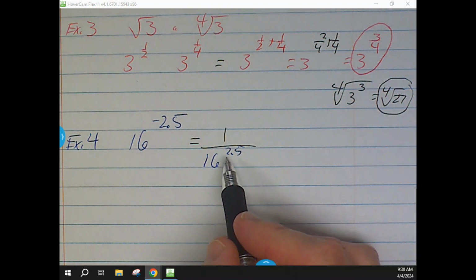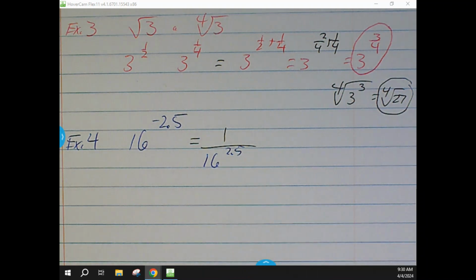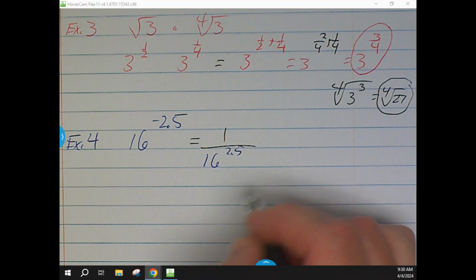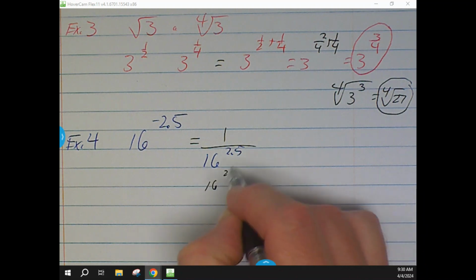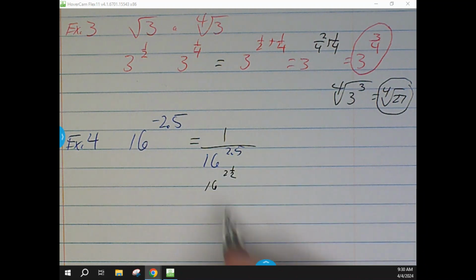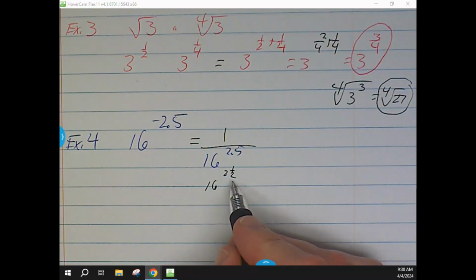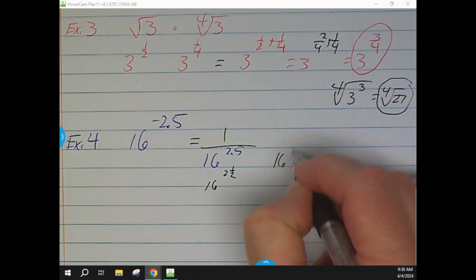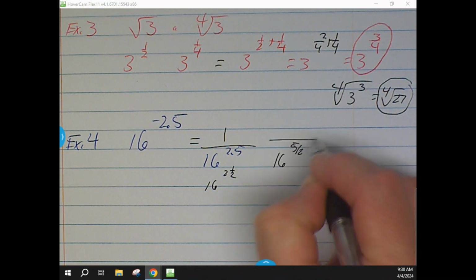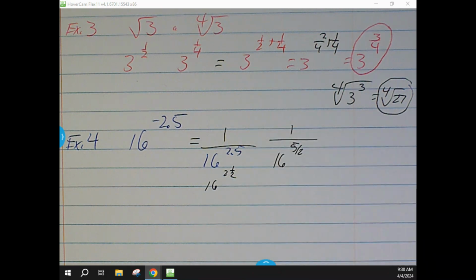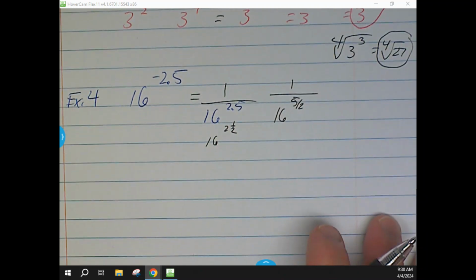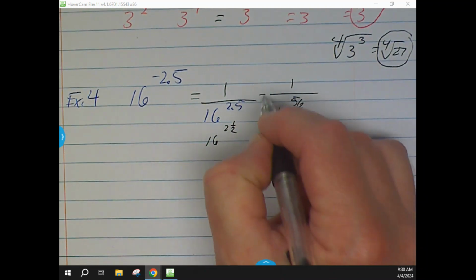And this is where you've got to think that if it's 2.5, you could rewrite that and make it 16 to the 5 over 2 power. All right. And you may be going, well, I don't really know what that is. So a lot of times you almost work it in the opposite direction.